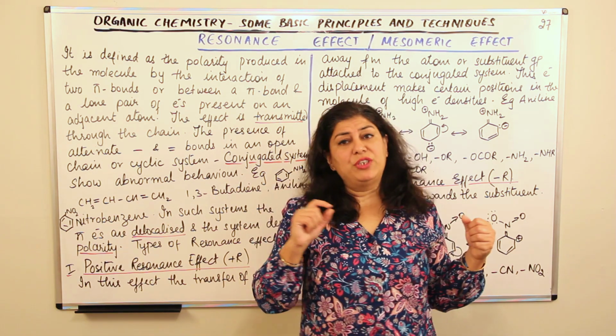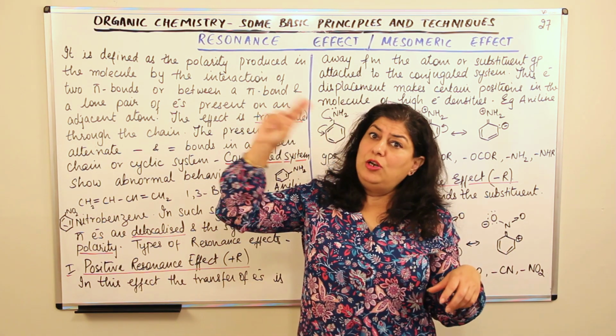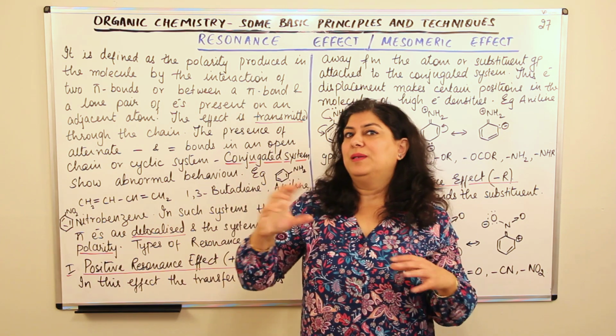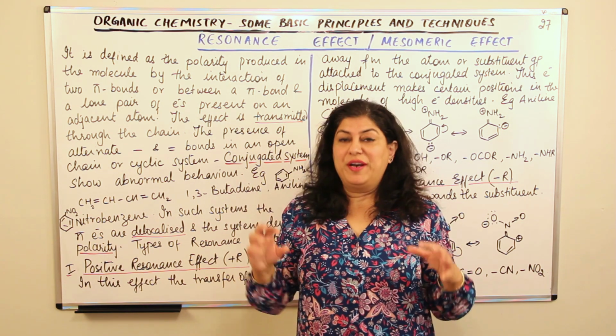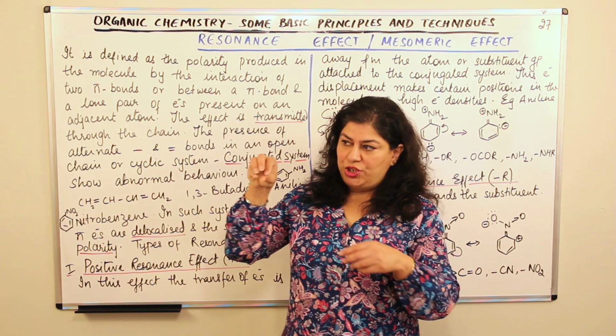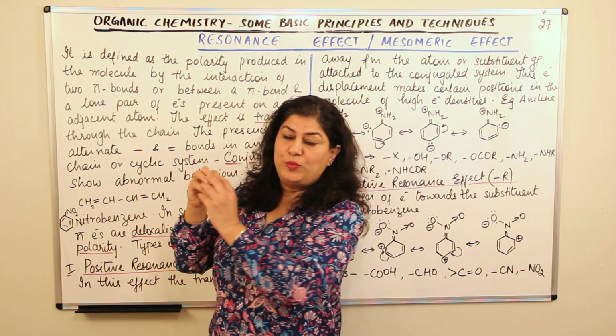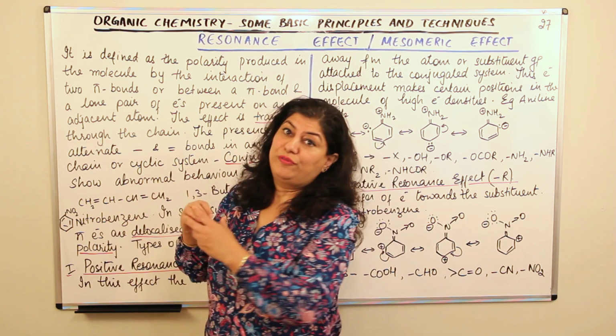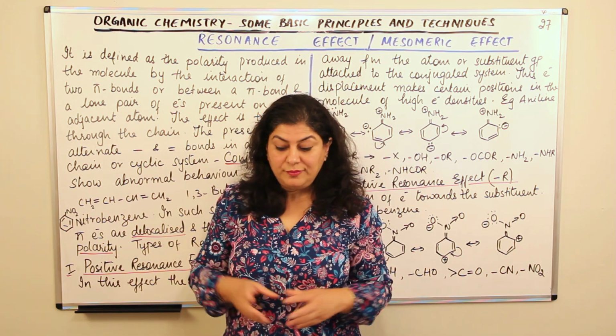Now, these atoms which have lone pairs of electrons, the lone pair is always available and it can move or it can delocalize. Movement means it has a location and it can move from its location. So we say a delocalization of those electrons is possible.